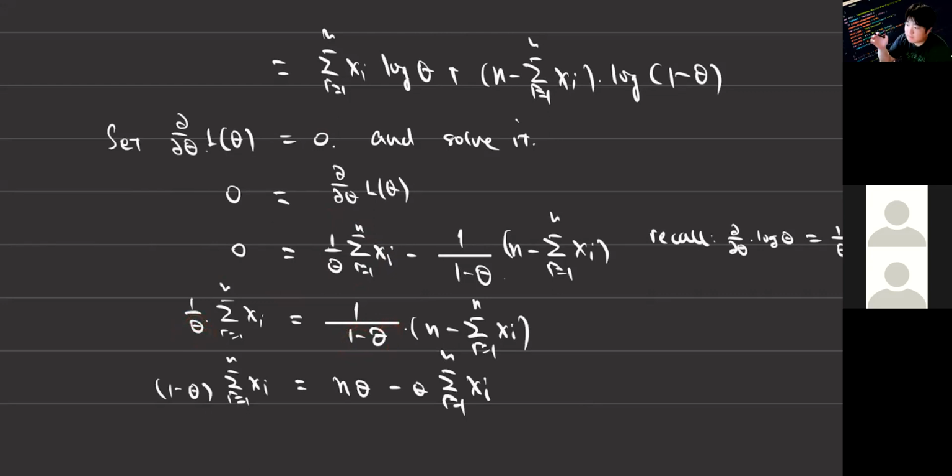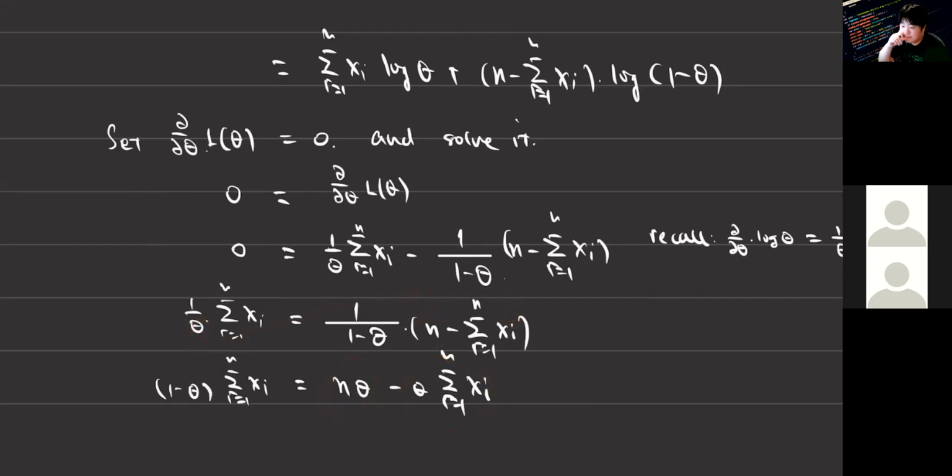All I'm doing is multiplying by theta times 1 minus theta on both sides so I can cancel out the bottom of the fraction. On the right-hand side, since we're multiplying by theta, you just distribute theta inside, which gives you n theta minus theta summation xi.